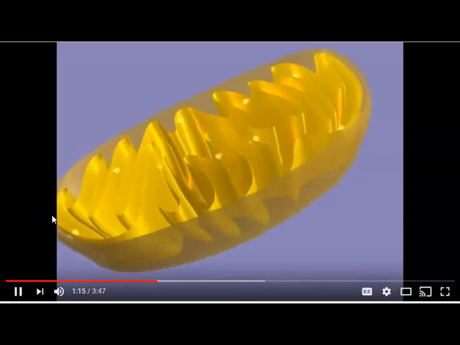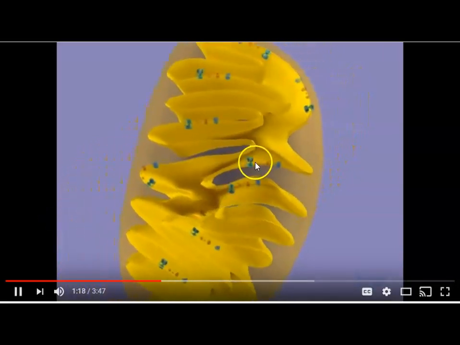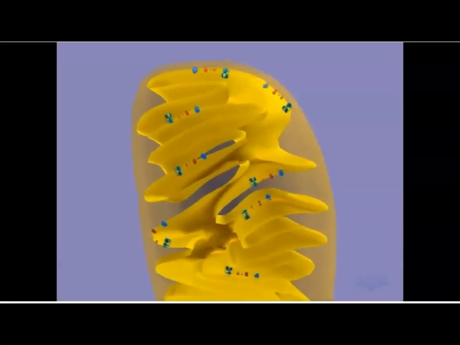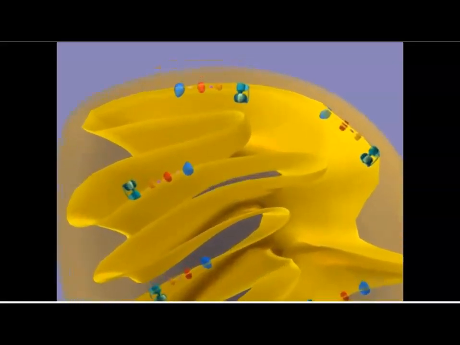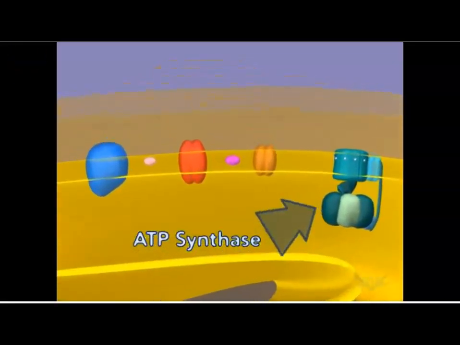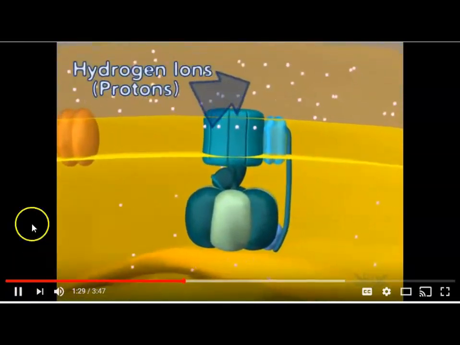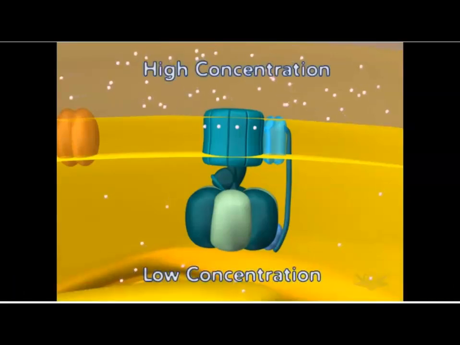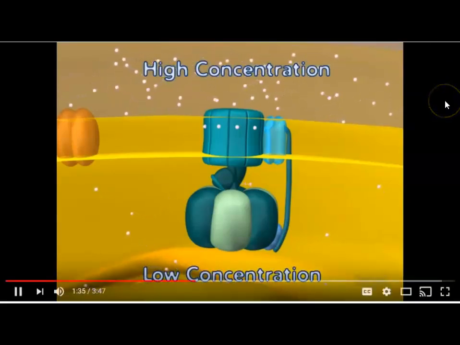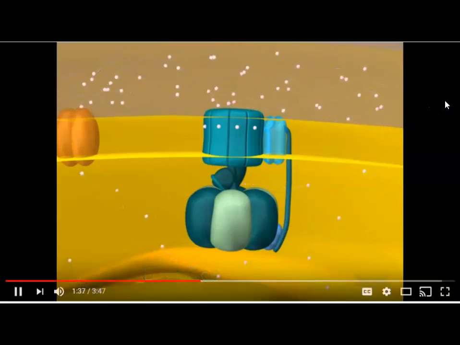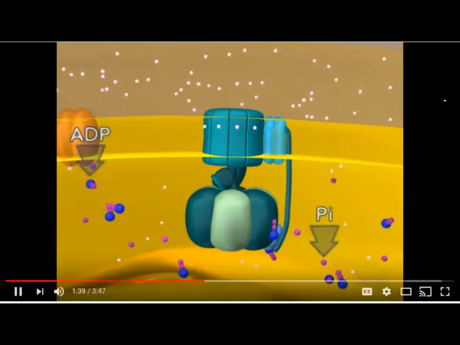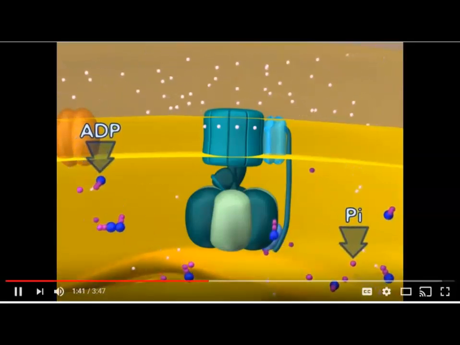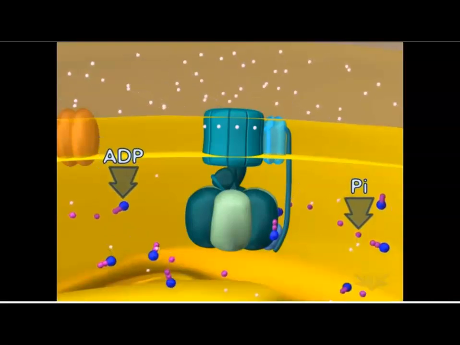Here's the mitochondria, and we're going to see the ATP synthase here. So a lot of hydrogen atoms on the top end here. We're looking at the hydrogen atoms up on here, and those are in a lot more abundance than they are on the matrix side.